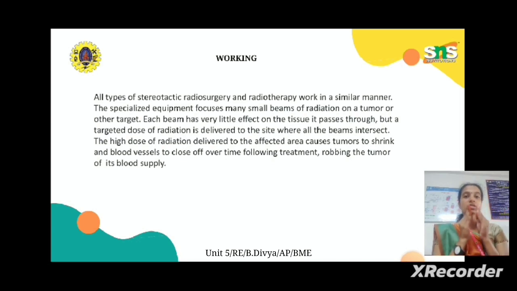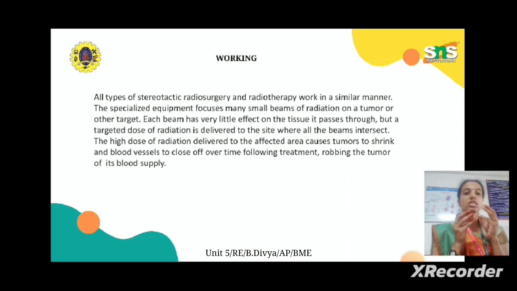Since we are operating in the brain, we should not give a large amount of radiation. Why? Because the brain is a very sensitive organ and the cells get damaged very easily. So we focus small beams on the tumors present in the brain.